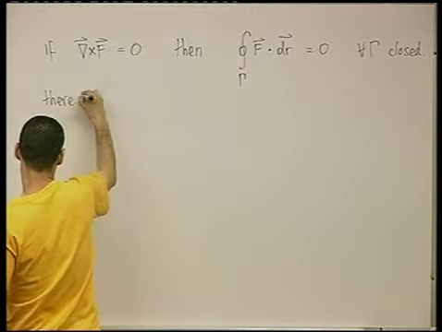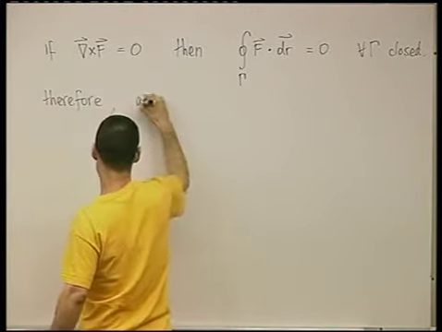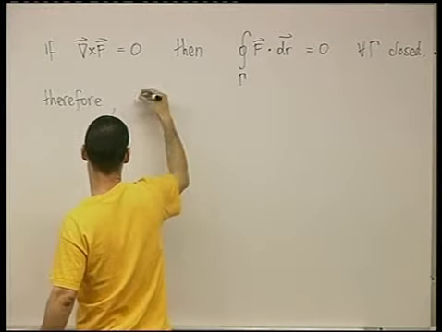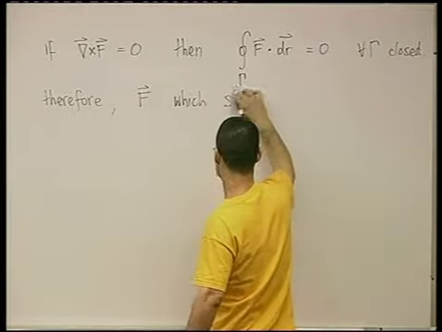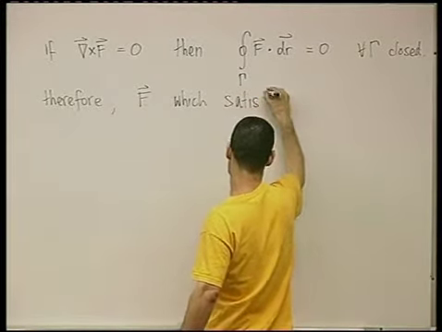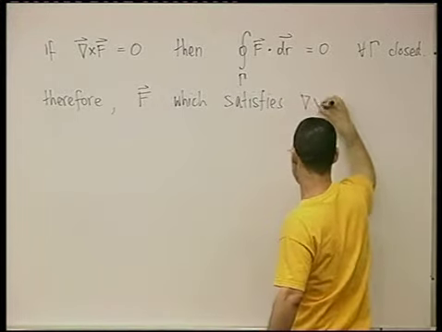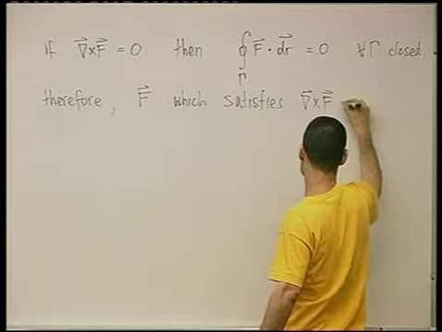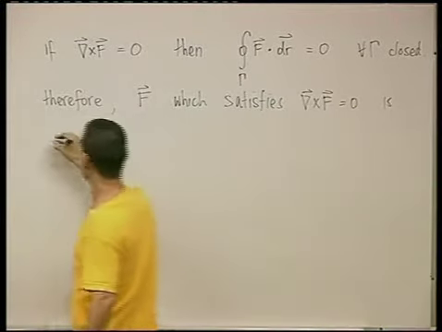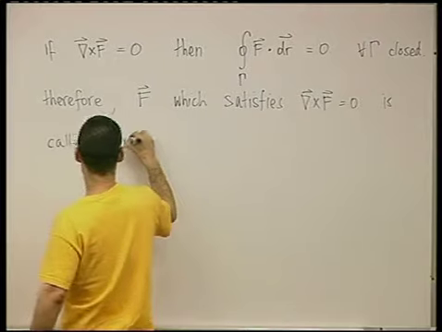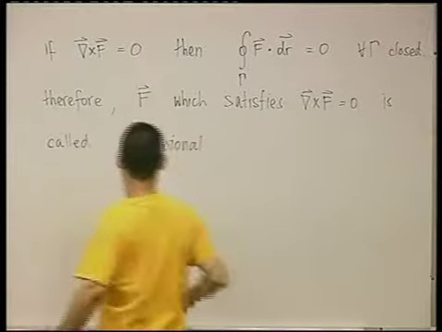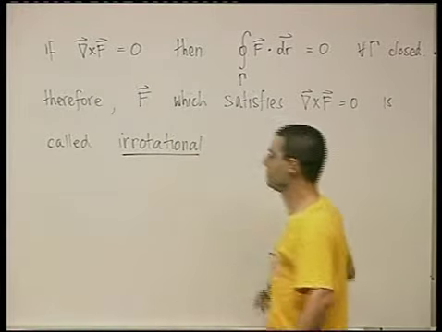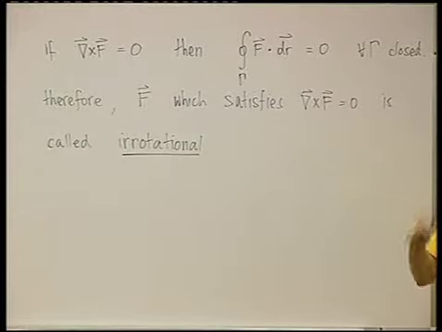Therefore, a field f that satisfies having zero curl everywhere is called irrotational. That's the terminology. Okay, an irrotational field.